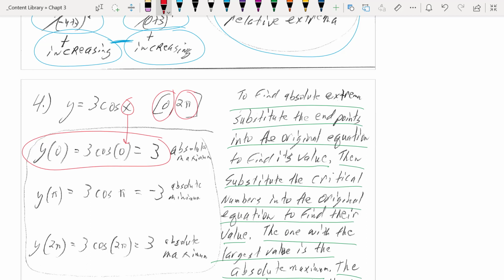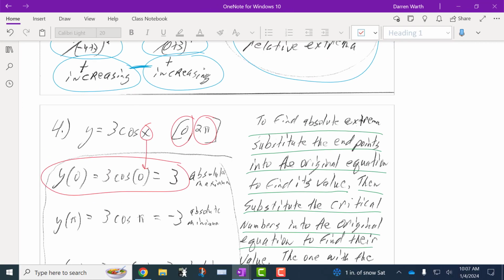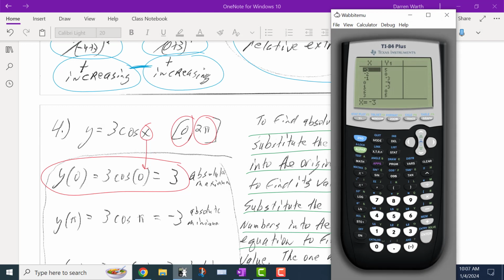You can use your calculator or use your chart. Make sure that you are in radian mode, and then you just type in 3 cosine of 0. And that answer comes out to be 3.